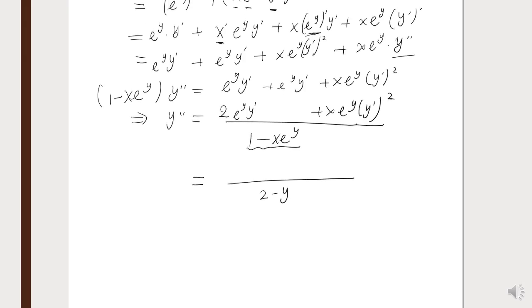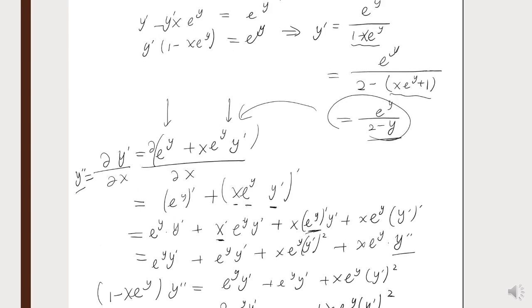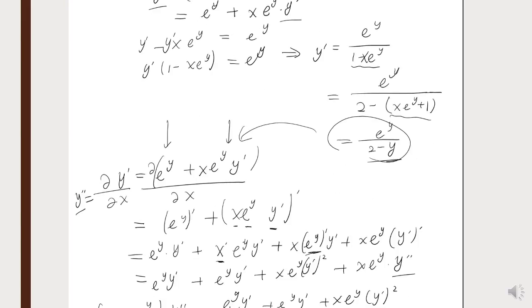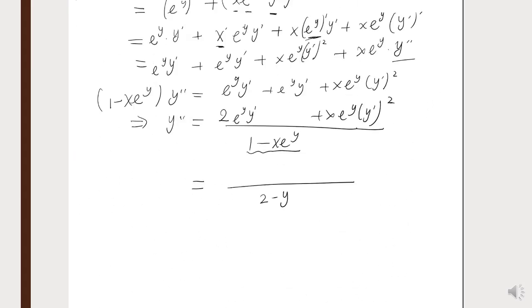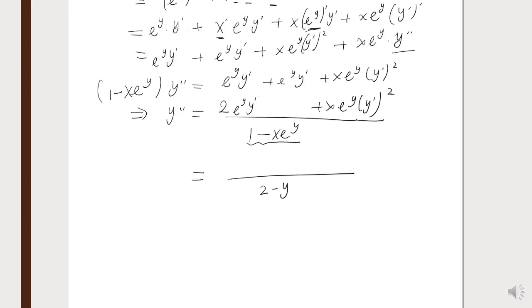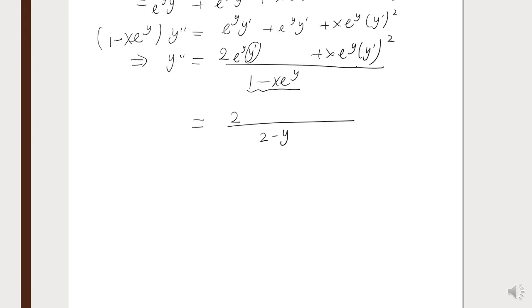On the top, if you want to put the result of the y prime in, here we have the y prime, the e with the exponential as y, and divided by 2 minus y, right? So we can replace every y first order derivative by our first step result.